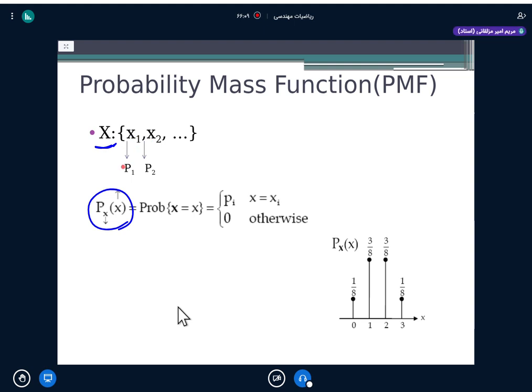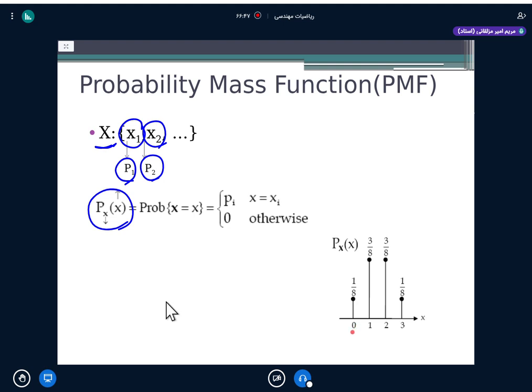The PMF specifies that x takes the value x1 with probability p1, x2 with probability p2, and so on. So, having the PMF, we have the probability of different values of this discrete random variable.